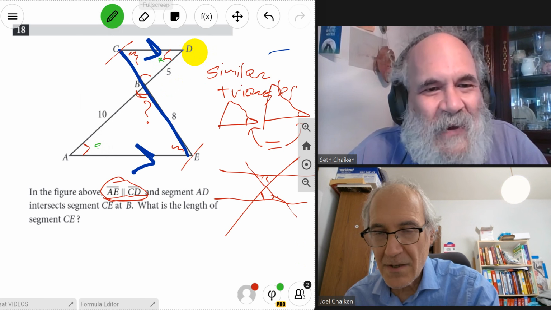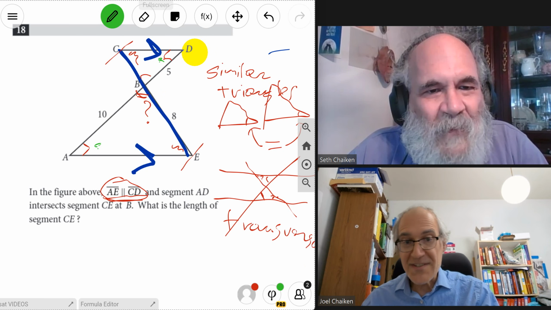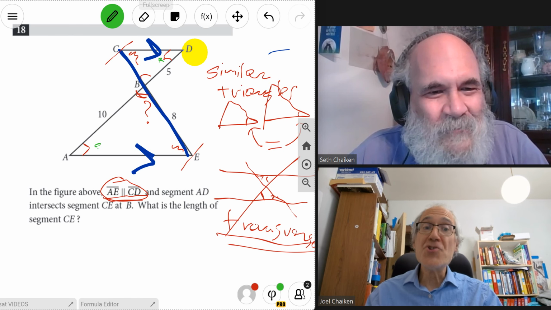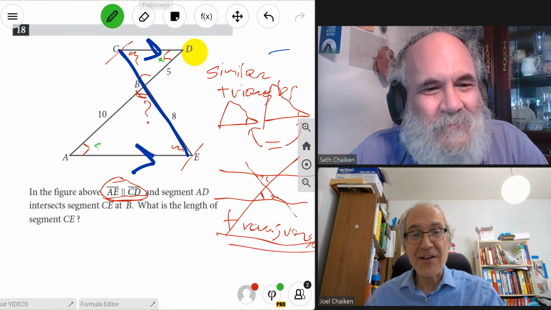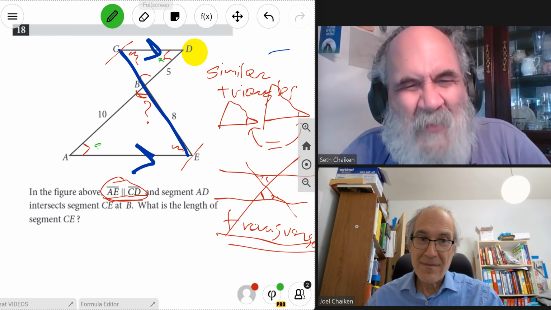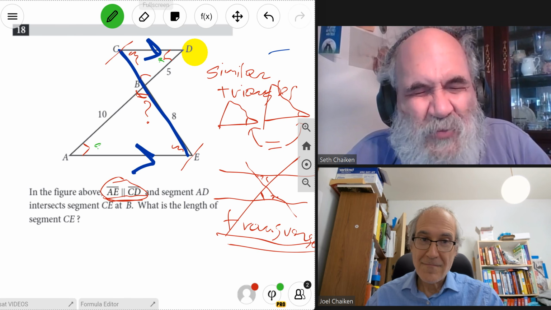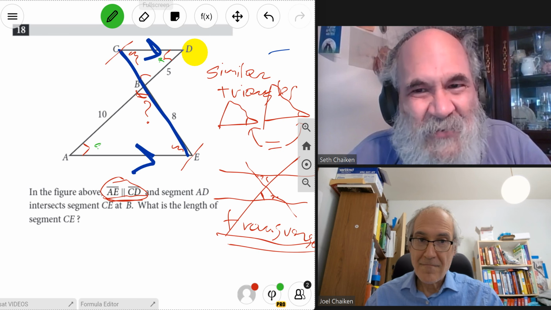Okay, so now we've shown that there are two sets of congruent angles in the triangles, which means these triangles are similar. I guarantee you, nobody taking this test will spend 4.5 minutes proving that these triangles are similar. But we're doing it now. The point of proving is to understand why things happen and to figure out problems.